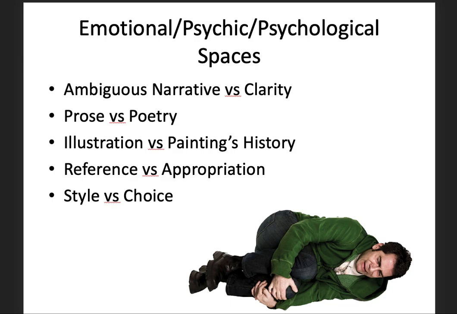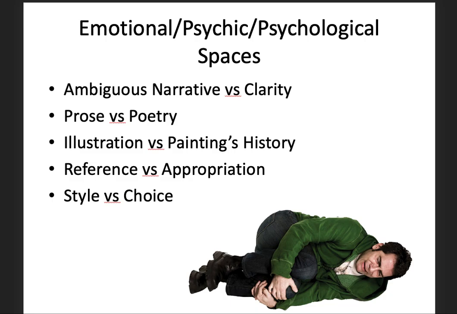All right. Content can also play a role in terms of creating an emotional, a psychic, or a psychological space, right? And objects can do that, obviously based on those conventions and signs, symbols, and emblems that we're all familiar with. It presumes that we're all a part of the same language within that pictorial dialect, right? There can be an ambiguous narrative. It can be clear.